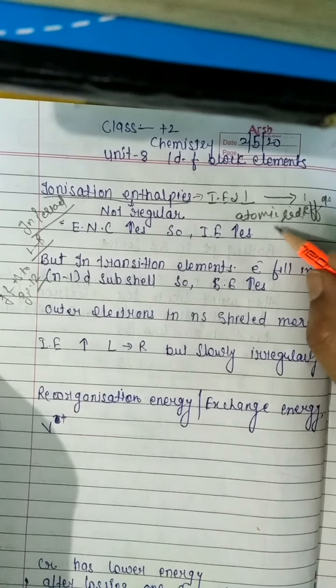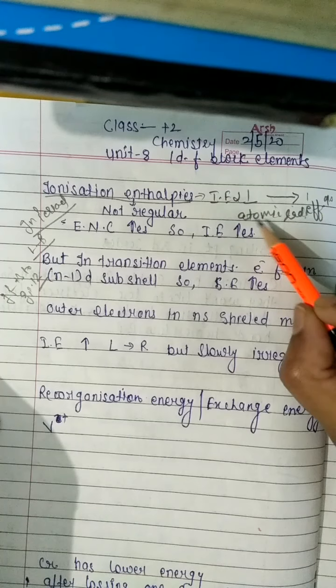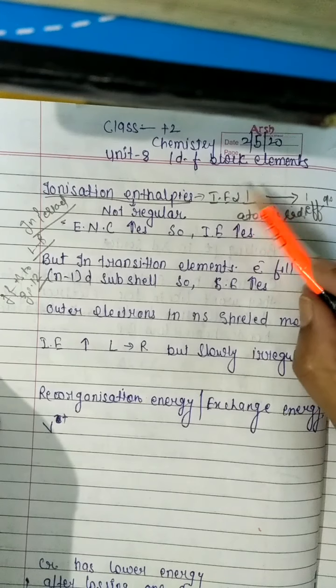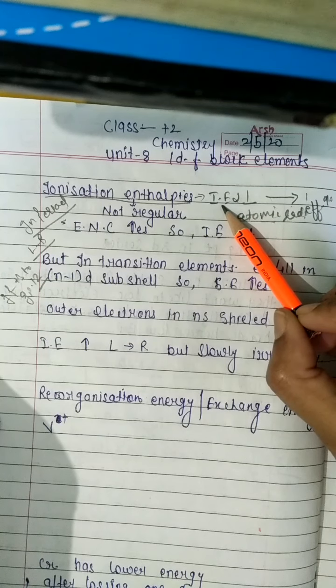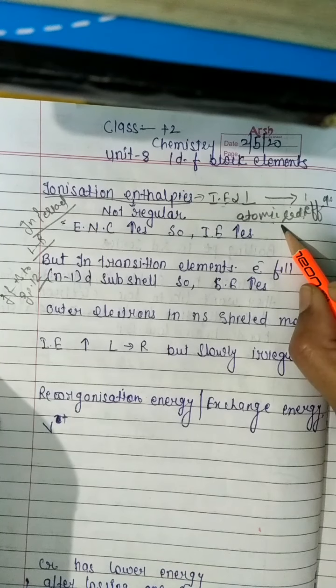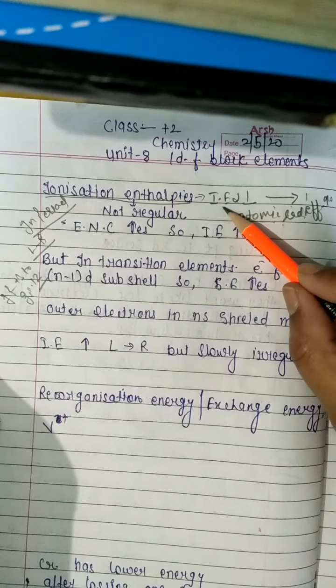Clear? If the atomic radius decreases, the ionization enthalpy increases. If the atomic radius increases, the ionization enthalpy decreases.